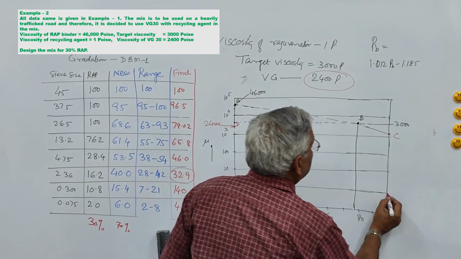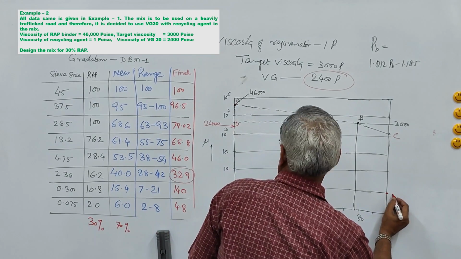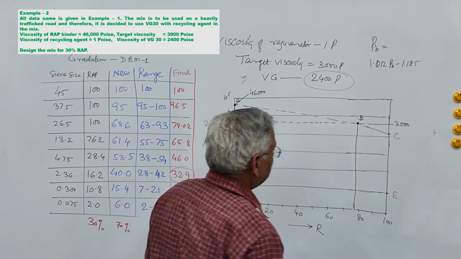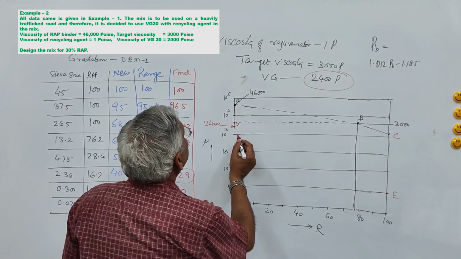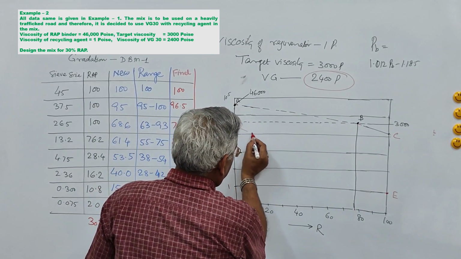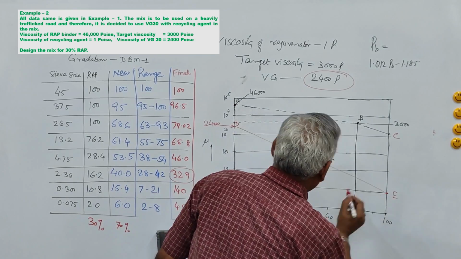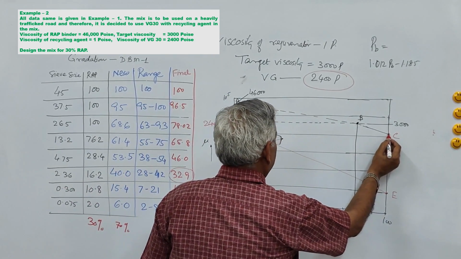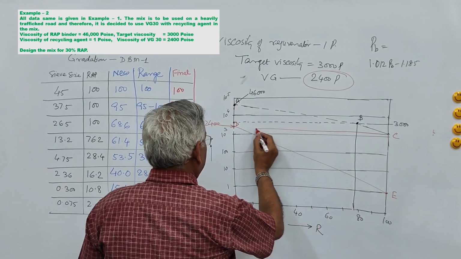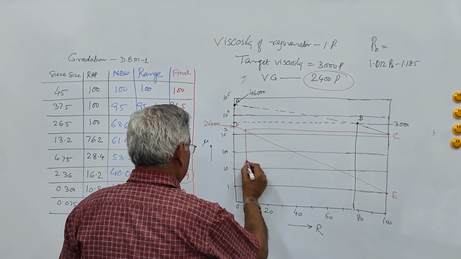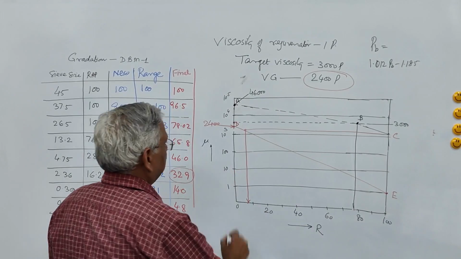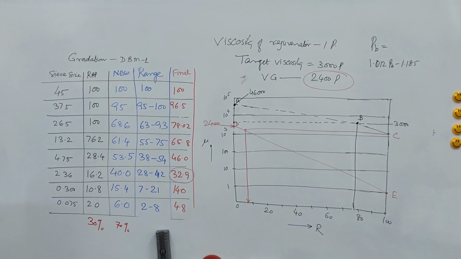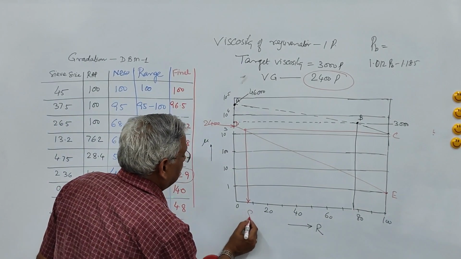So here is the viscosity of Rejuvenator. Let us say this point is E. So if you join this D to E and move from this point C to this line, you get what should be the percentage of Rejuvenator. That is the percentage of Rejuvenator. Let us say 8%.